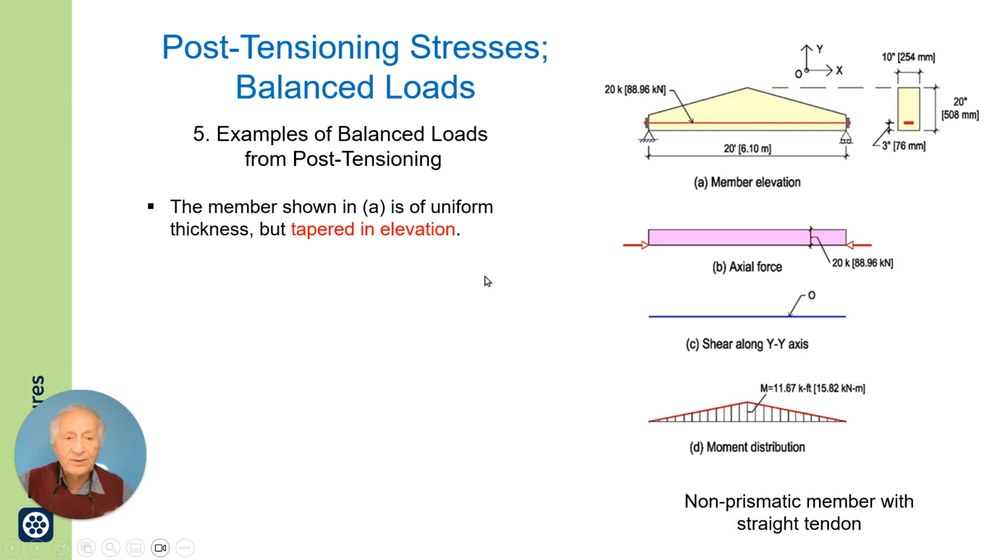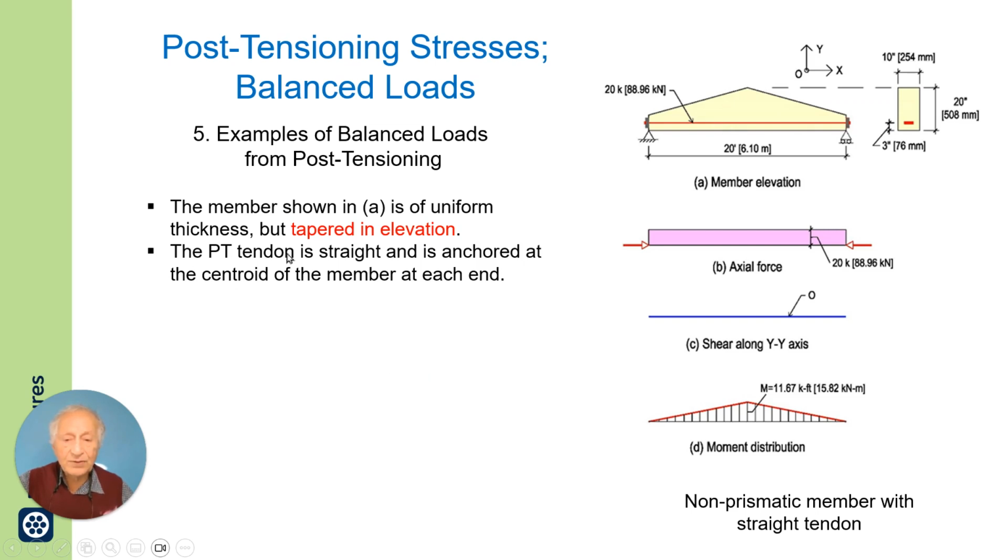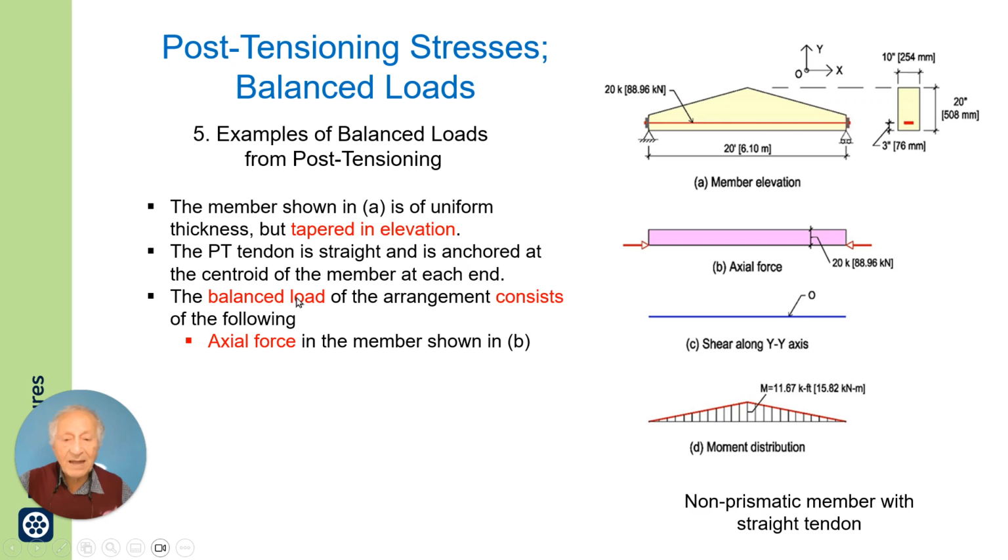Now this is another example where I have a tapered member in elevation, but of uniform thickness. The post-tensioning tendon is straight and is anchored at the centroid at the end. It acts at the centroid, so it does not apply a moment here at the centroid. The balance load for the arrangement consists of the axial force. The axial force acts here and here, and its distribution is constant.